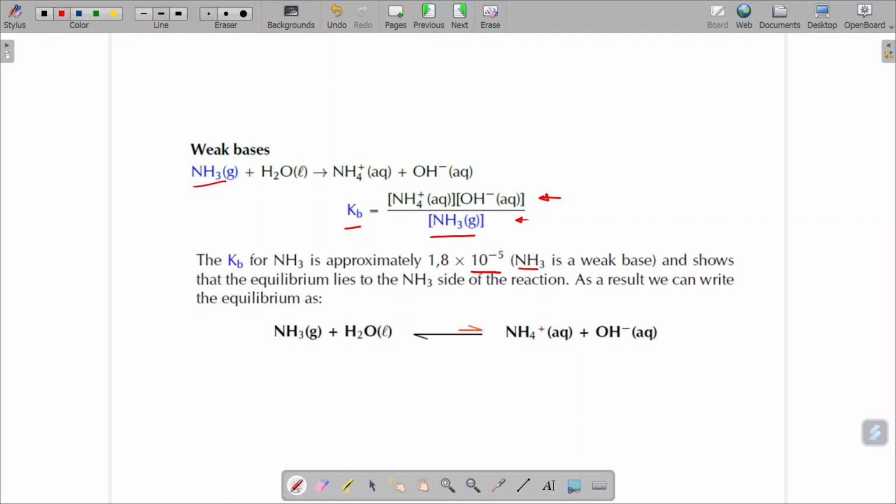In other words, we have a high concentration of ammonia, and not a lot of it has dissociated to form the product, and therefore the reaction lies further to the left, and we can actually write this as a reversible reaction because we have a weak base in this case.